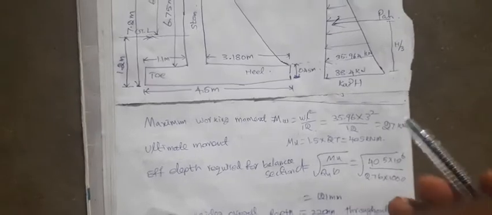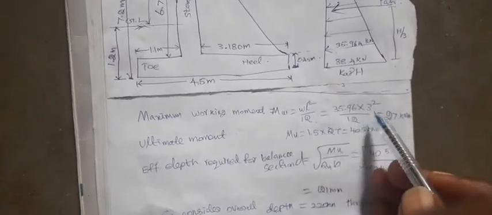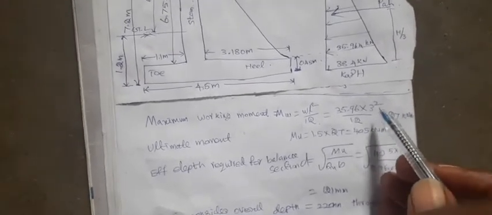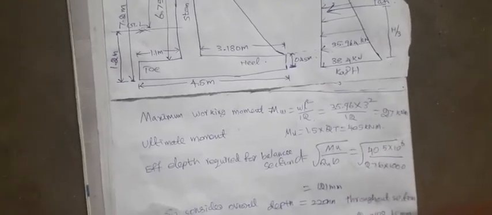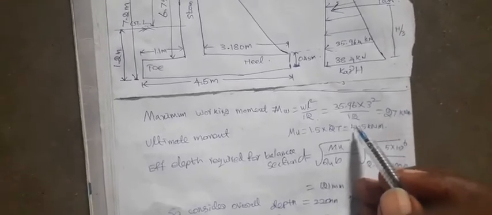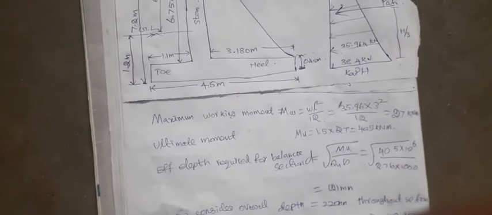So a slab supported by two beams means WL square by 12. So W is 35.96 into L square divided by 12. So its value comes around 27 kilonewton meter.